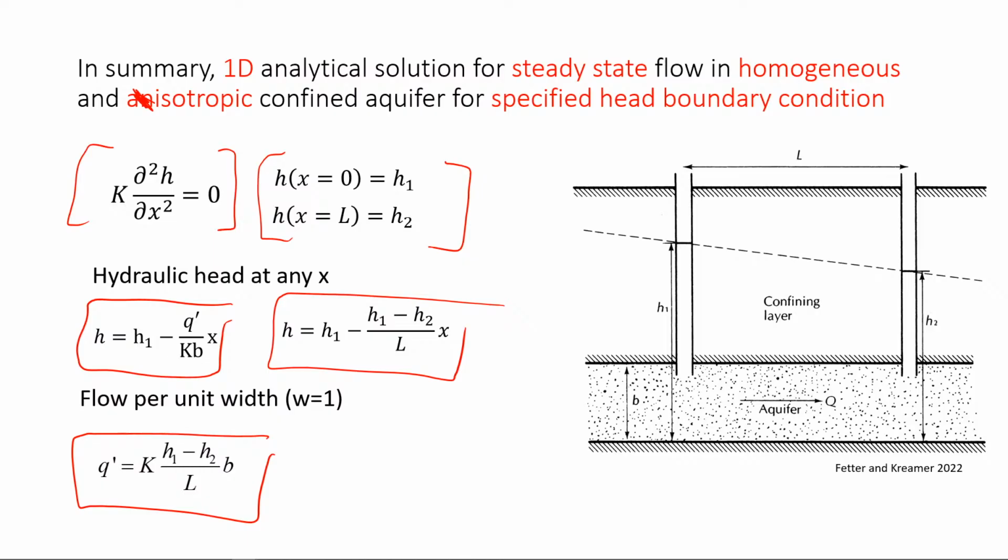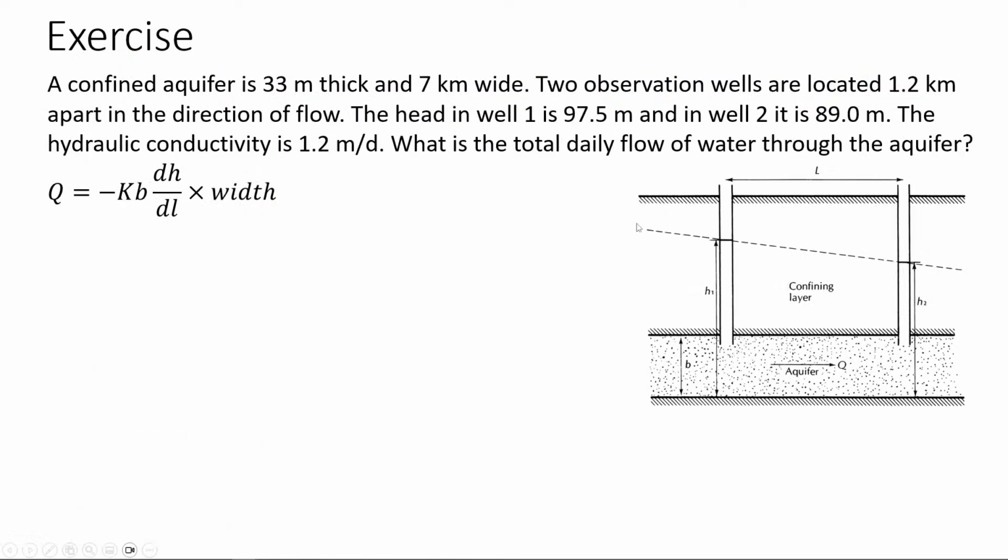But this is just for this case, where it's homogeneous, where it is isotropic, and where it is steady state. For other cases it will not be. So this is just an exercise. You can solve it, a confined aquifer. Is this Darcy's law?